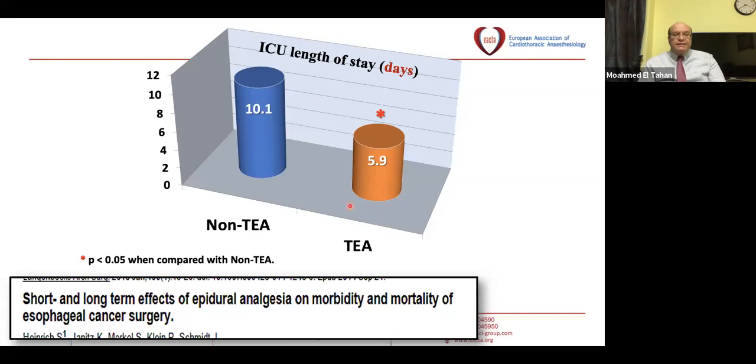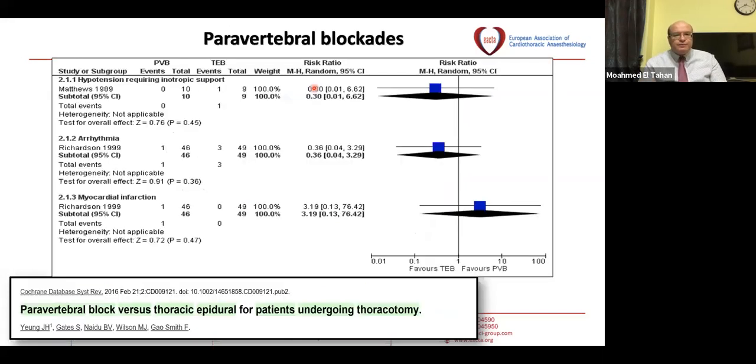You have to know in this area research: use of thoracic epidural anesthesia is associated with reduced ICU length of stay after esophageal cancer surgery by 5 days, which is saving a lot of money and improving patient outcomes.